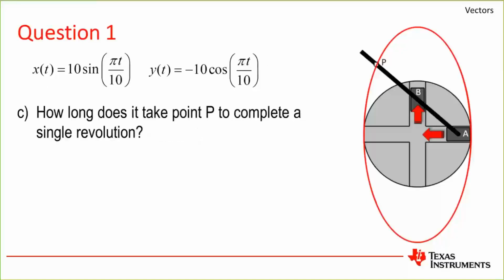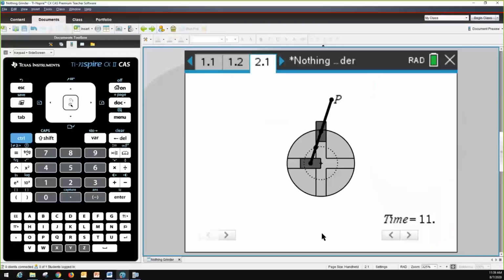Right, part C. How long does it take point P to complete a single revolution? Well, I could do it from my diagram and just keep on circling around there.